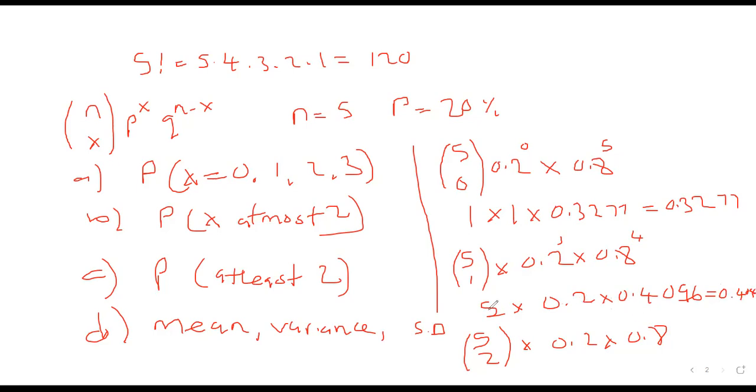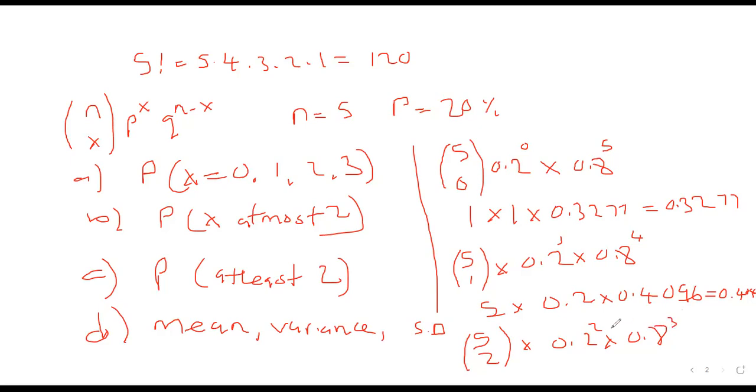Now, if I may ask here, where does the 2 go? This 2, where does it go? Here. What comes here? It's 3. The difference between the 2. Are they adding up to 5? Yes.